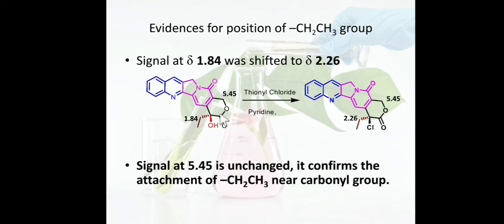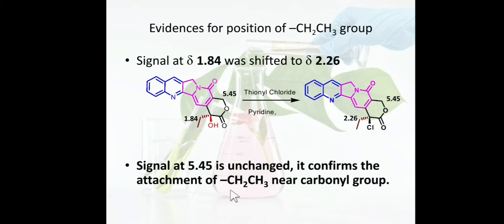But if we replace this OH by treating with thionyl chloride, then this OH becomes Cl, and hence the electronegativity of this atom increases. The downfield value shown by the CH2 of CH2CH3, that is the 1.8 CH2 signal, is now shifted to 2.26. Now again this signal at 5.45 is unchanged.